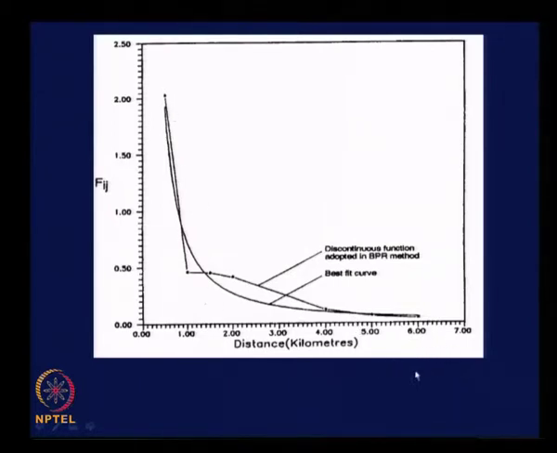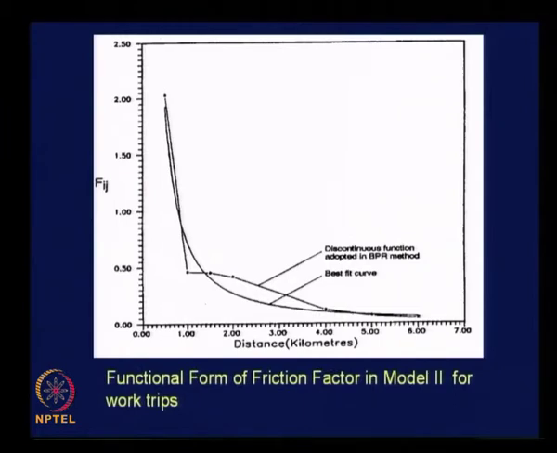What was actually done was an assumption of a discontinuous function, and for each segment a separate function was assumed, clear. And as an example I will show you the result of matching of the trip length frequency distribution curves for one case, because this is the functional form of friction factor in model 2 for work trips again.